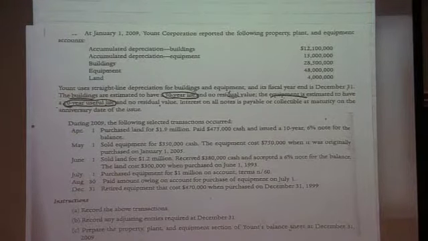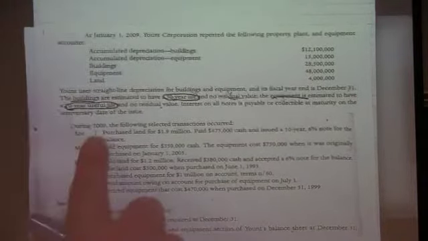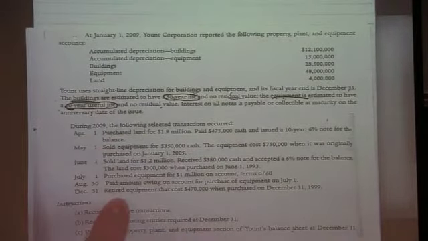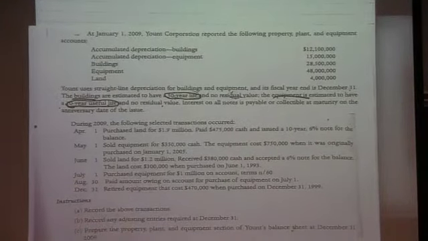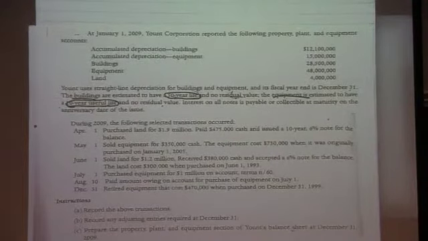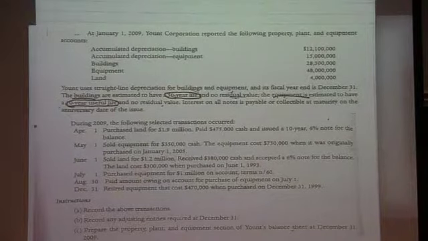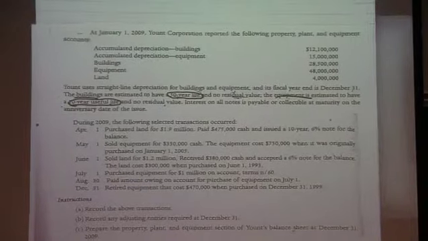We're also told that during 2009, these were all the transactions related to the property, plant, and equipment of this company. So Part A asks us to record the transactions, Part B asks what are the adjusting entries at December 31st, and Part C asks what the property, plant, and equipment section of the balance sheet would look like on December 31st.